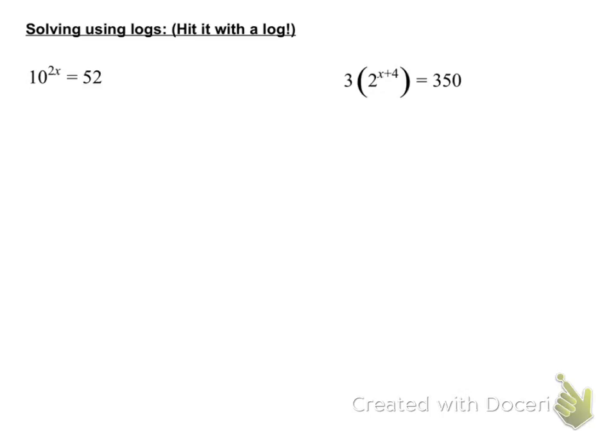Last stuff for this. You guys should have pretty much everything you need to know to solve for logs. Now we're going to solve exponential equations. 10 to the power of 2x is equal to 52.